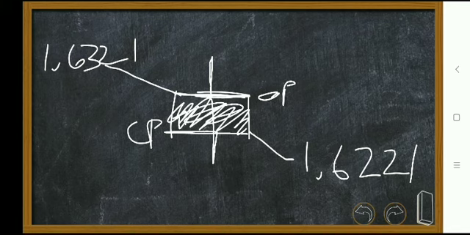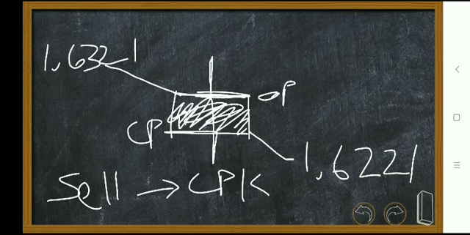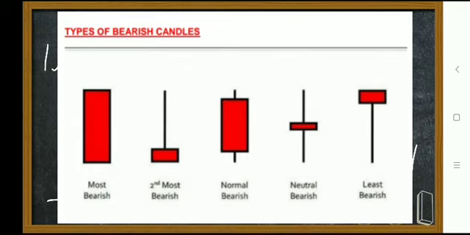The closing price is lower than the opening price by 100 pips. So this will be a sell candle, because price went down. That means there was more selling pressure. This is a sell candle because the closing price is lower than the opening price. I hope this makes sense.